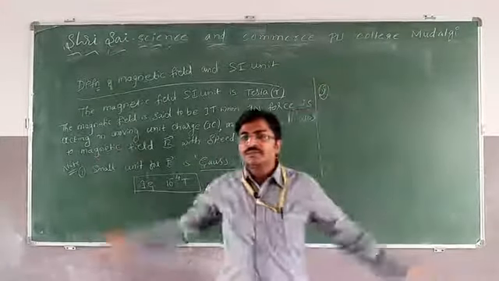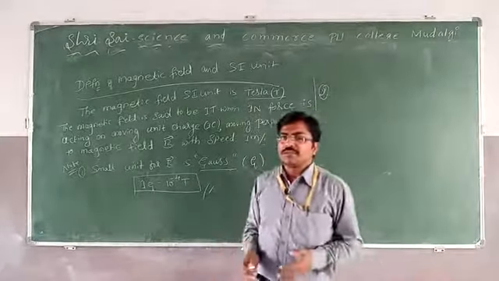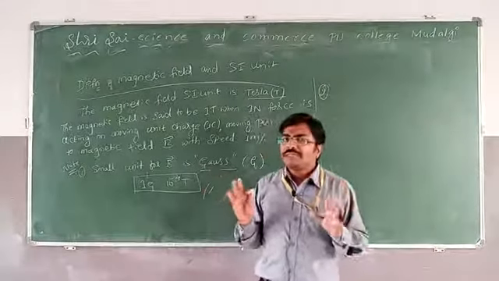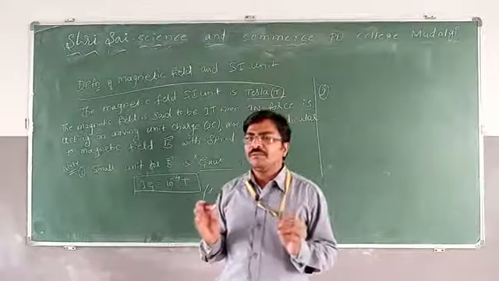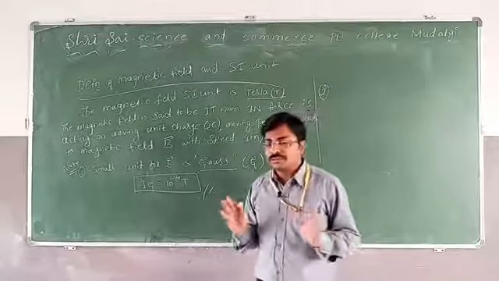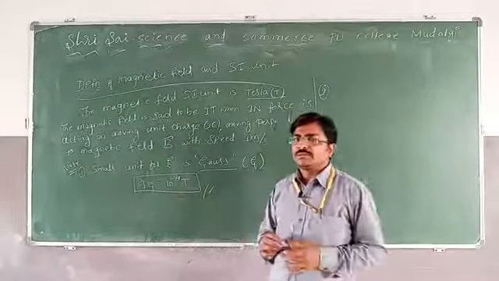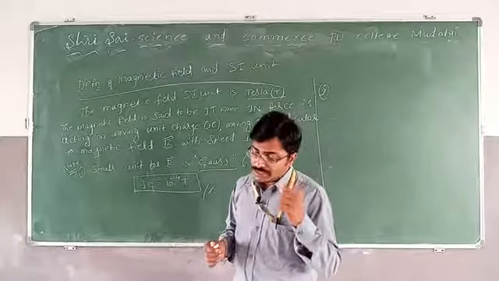See, this Earth is a big one, very huge in size, and it has a magnetic field. Even though it is this huge in size, what is its magnetic field?